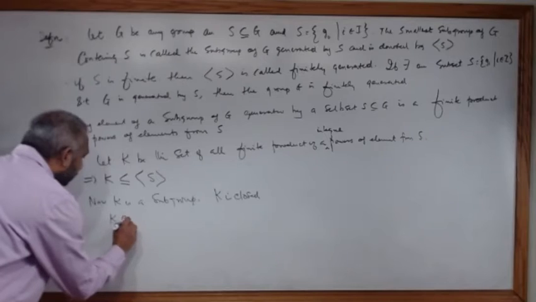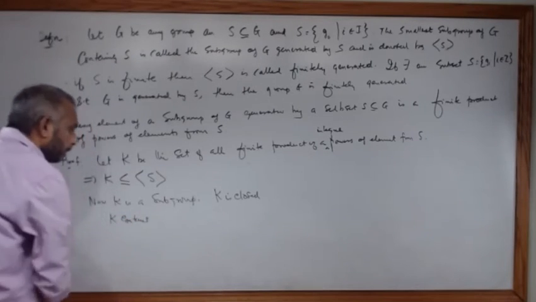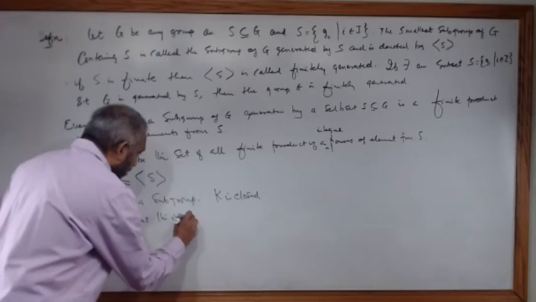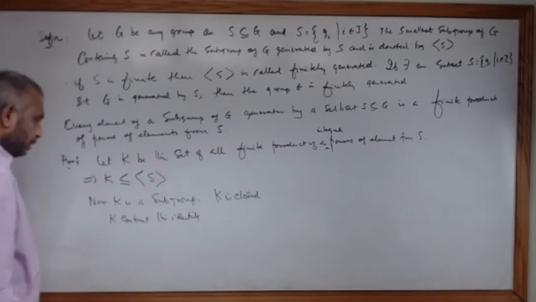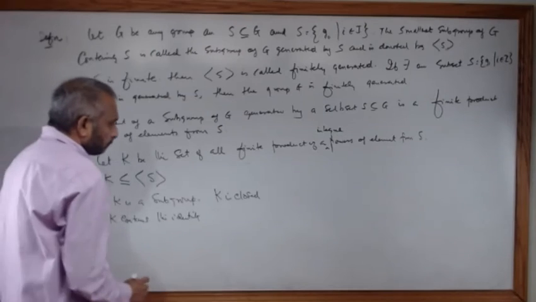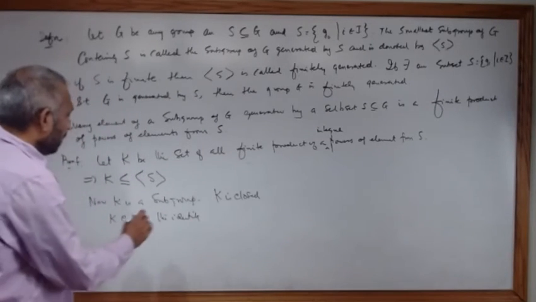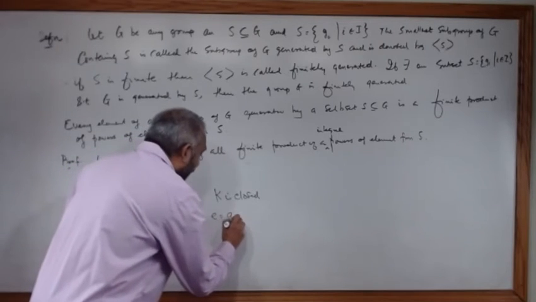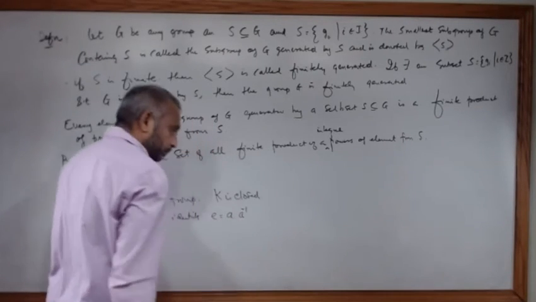K contains the identity. Why? Because e is equal to a times a inverse.